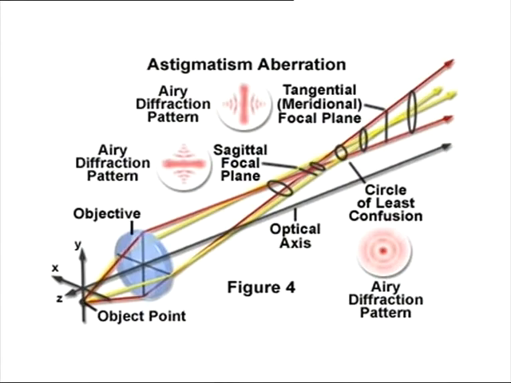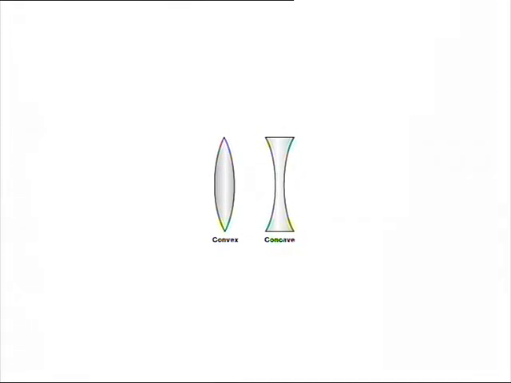This is a real problem because light rays passing through the lens in different planes get focused at different points. This occurs when the subject is much off the axis or when the inclination of light is much higher. To remove this, we block the rays coming from higher inclination so that they are cut off, or we use an appropriate combination of convex and concave lenses.